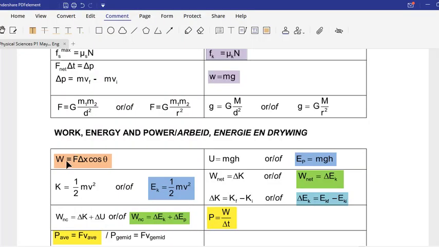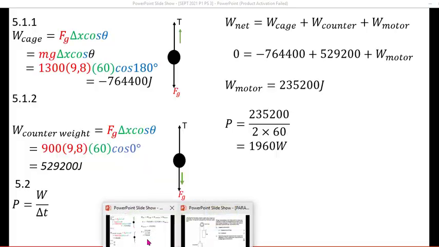Work done is equal to the force times the displacement times the cosine of the angle between the force and the displacement. So we need to know the magnitude of the gravitational force, the displacement, and the angle between the displacement and the gravitational force. So let's check it here.